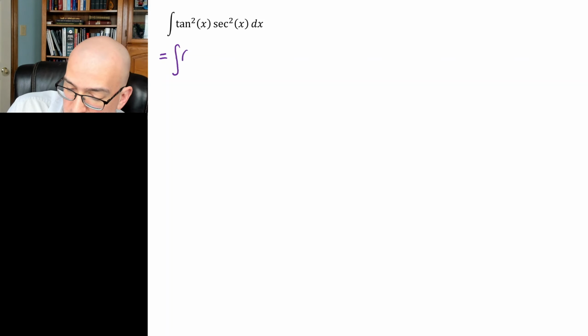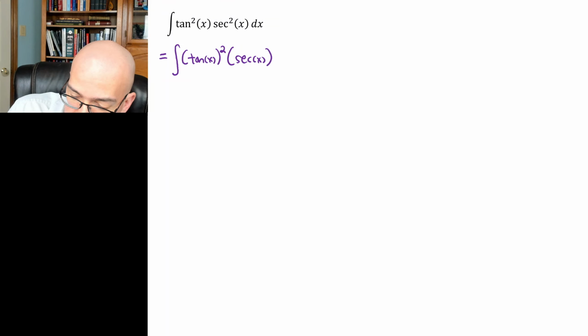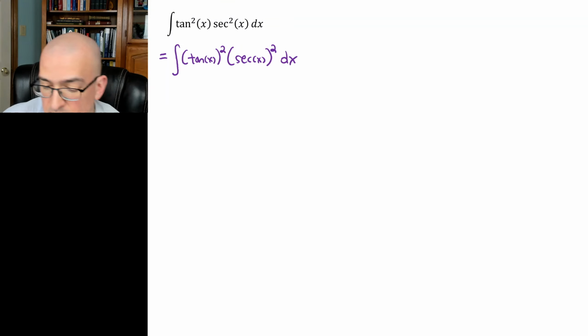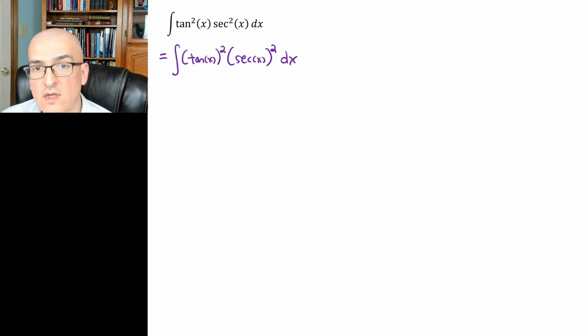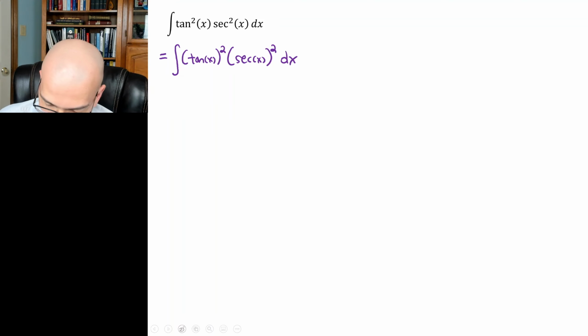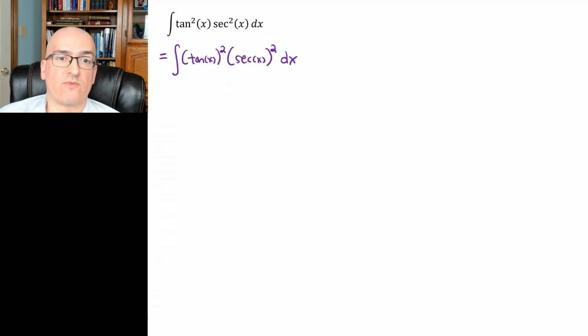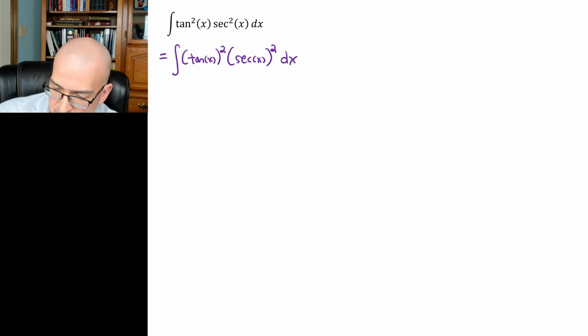Integral of tan of x all squared times secant of x all squared, just as a reminder of what that power 2 notation means. We have two candidates for our substitution. We have w is equal to tan of x, and we have w is equal to secant of x. I'm going to try the wrong one first to show you what a bad substitution looks like.